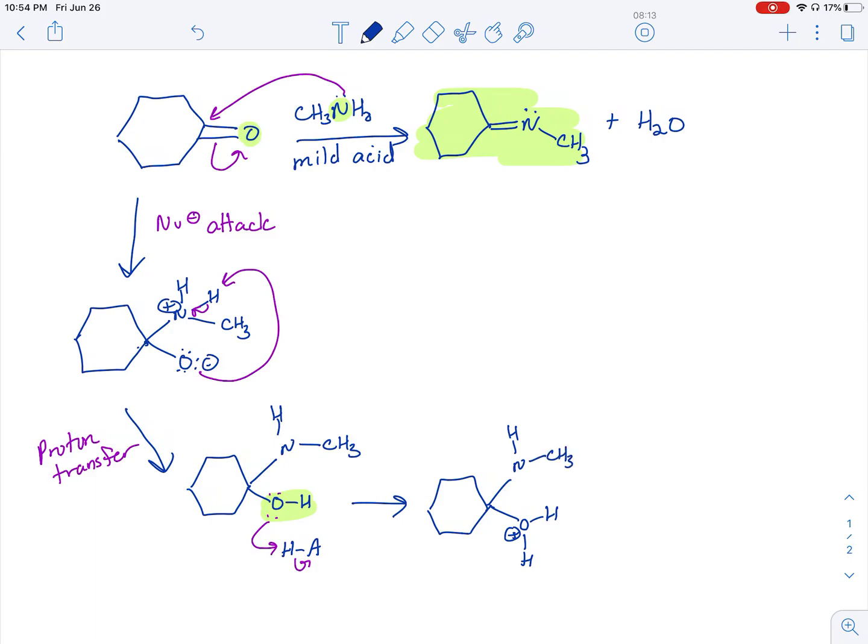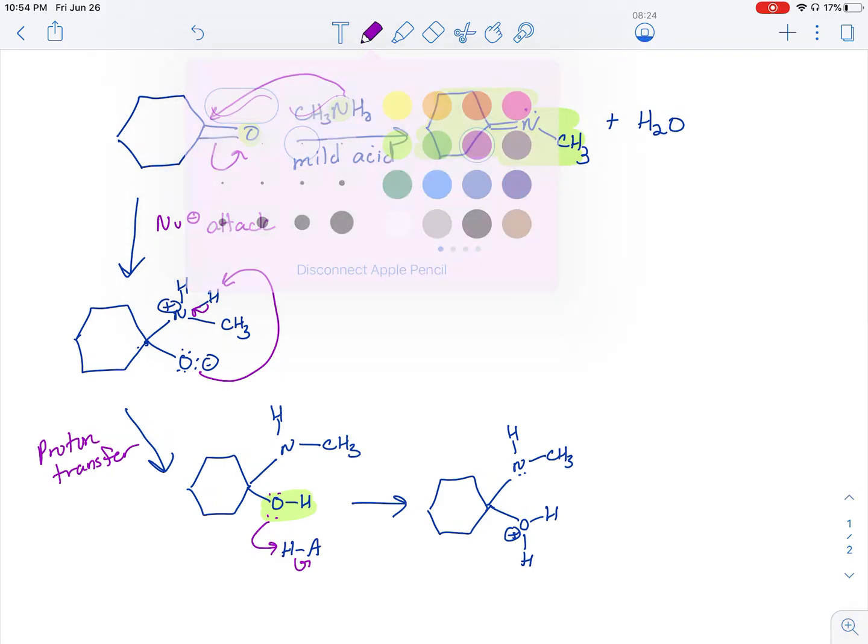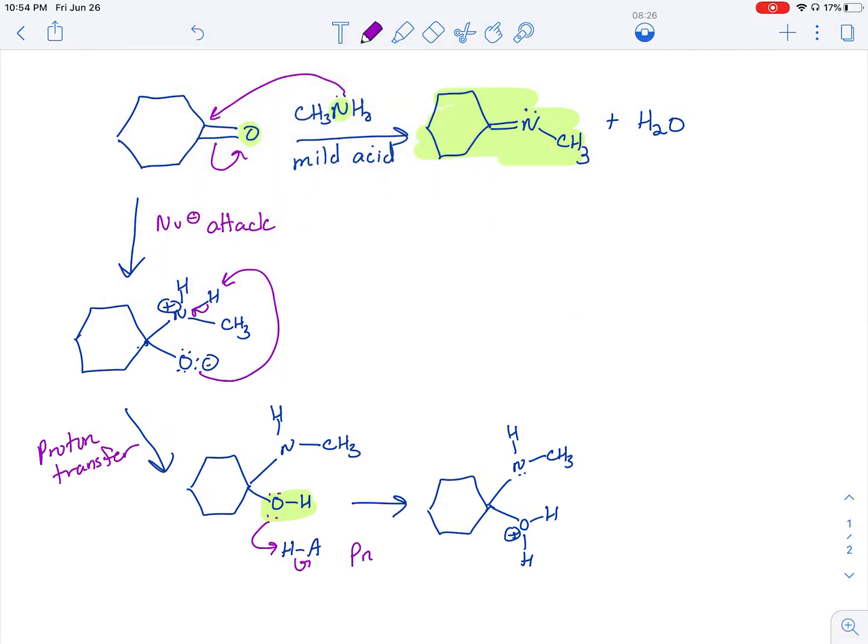All right, so there we go, right? So we've made it a good leaving group. Now you realize it just needs a little push to kick it off, because ultimately what we just did right here is a protonation. So at that point, who do you think is going to push? Yeah, it's going to be the nitrogen. We have to form a nitrogen-carbon double bond. So these electrons are going to come here, form a bond.